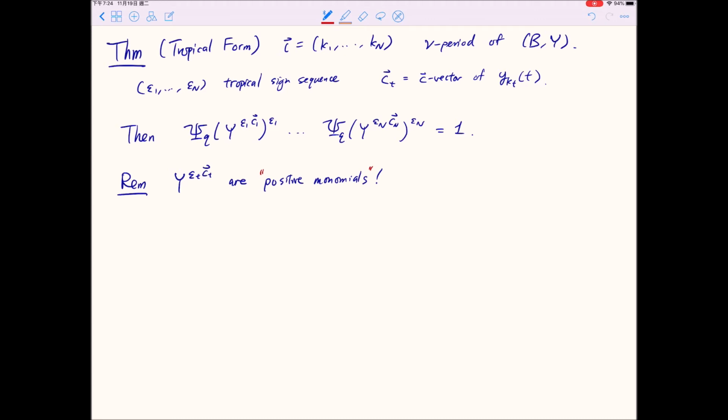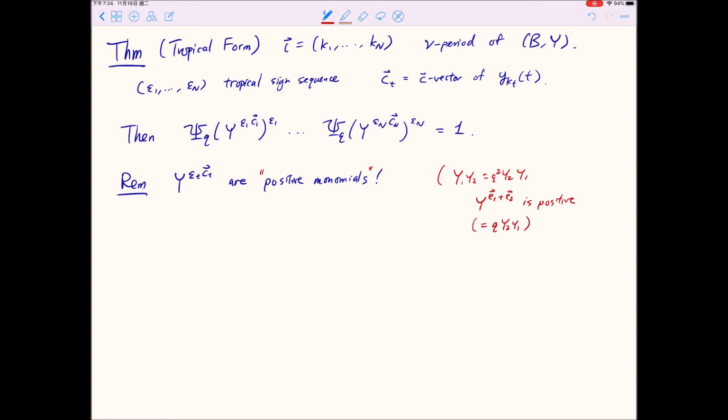But of course, when you write them down in terms of the generators, then there will be some Q factors, right? For example, we have seen already, if we have such a thing, then this is positive. But of course, this equals Q y2, y1.